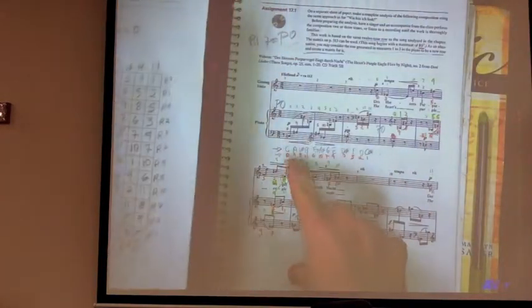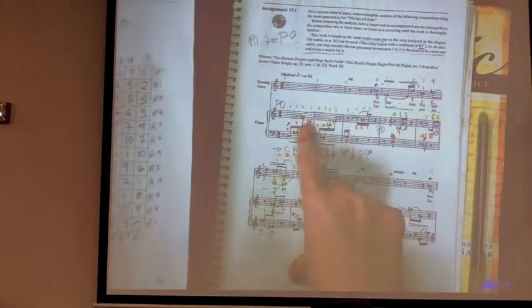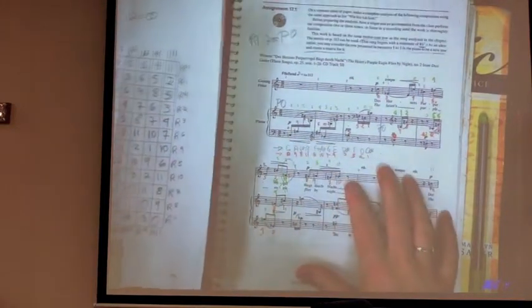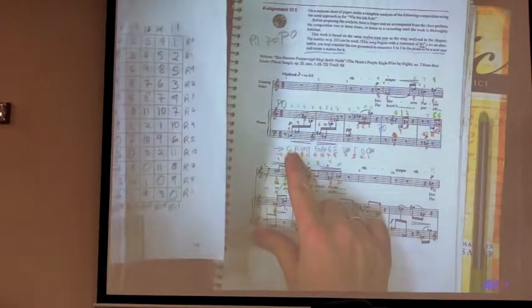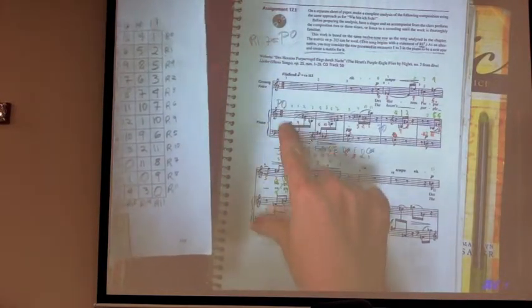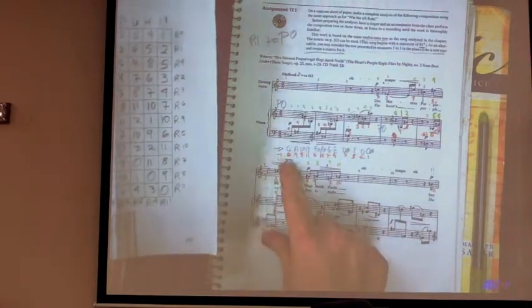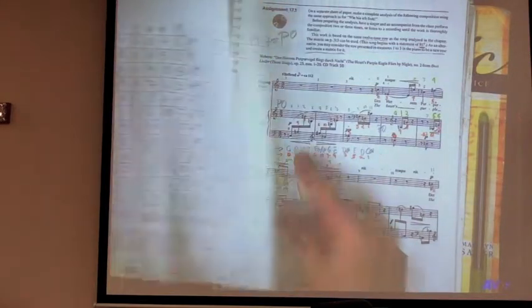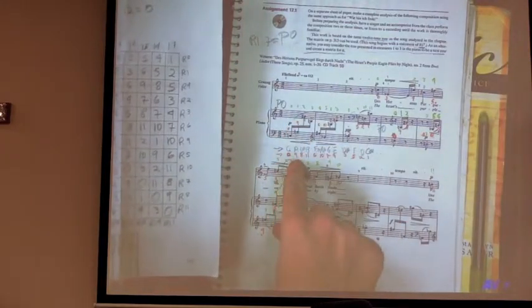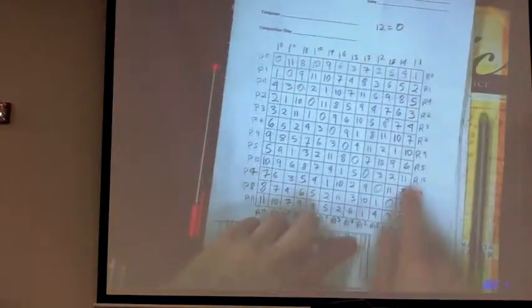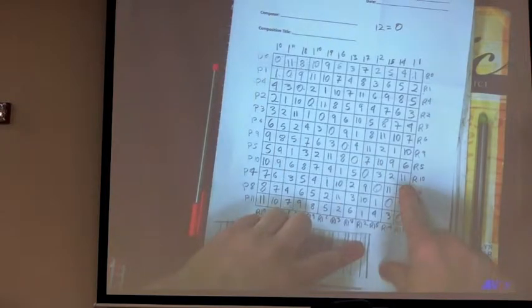So here, probably the first 3 notes will tell you whether it will fit onto a matrix. Even the first 2 notes will probably be enough to tell you whether it's actually the beginning of a row or not. So C, A, G sharp, you can look here, or 0, 9, 8. So you look at your matrix and you see, oh, boom, 0, 9, 8.